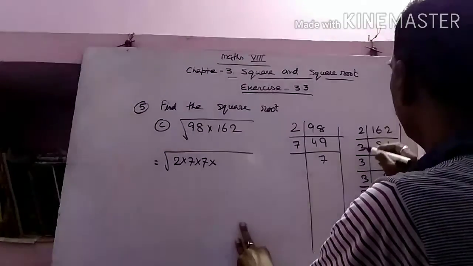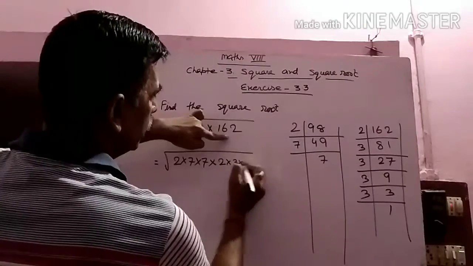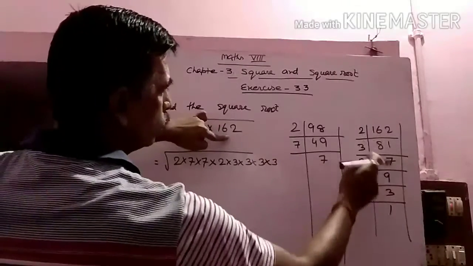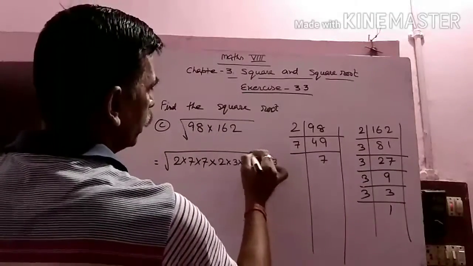Then what will we get? 162 is equal to 2 into 3 into 3 into 3 into 3, four 3s like this.